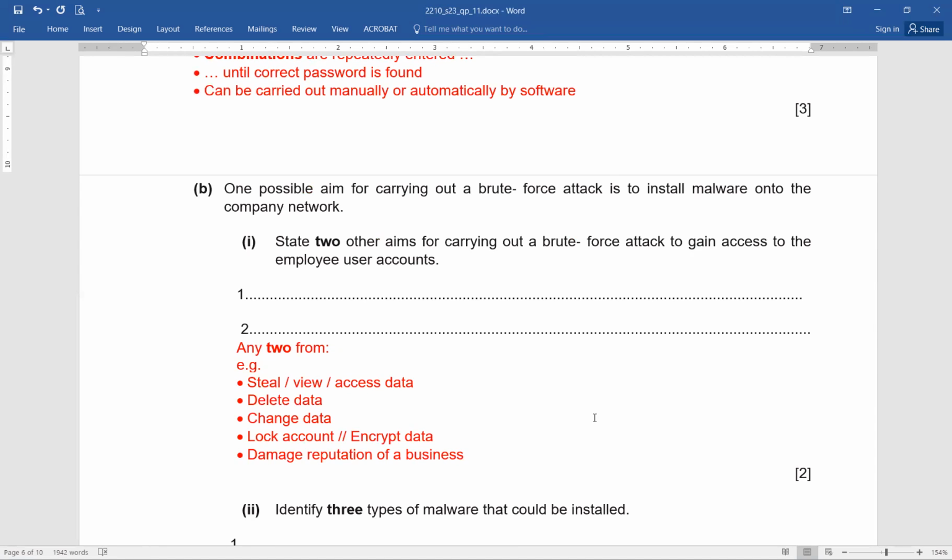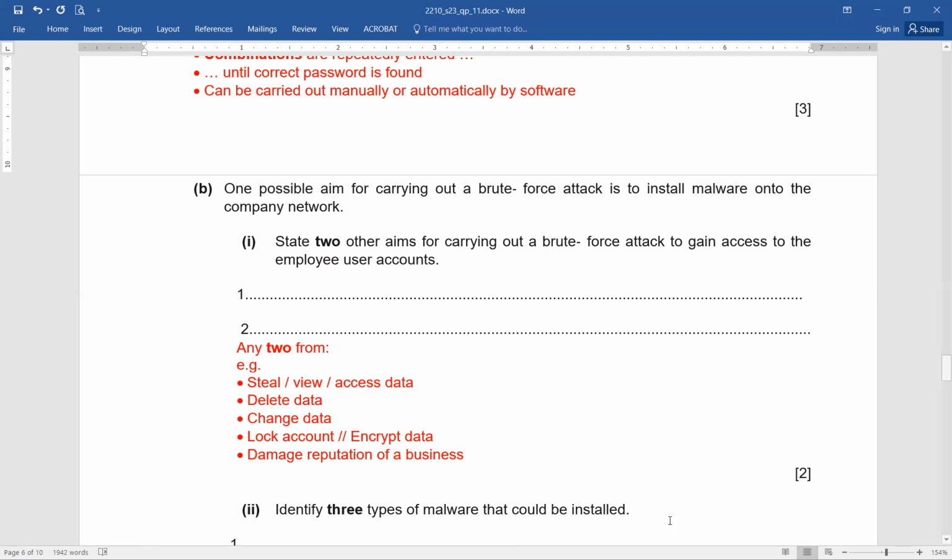These are the aims of a brute force attack. It can go to such an extent where the attacker may damage the reputation of a business also. But these are the normal means, like to steal the password, to get the password. These are the aims applied by the person who is using a brute force attack.